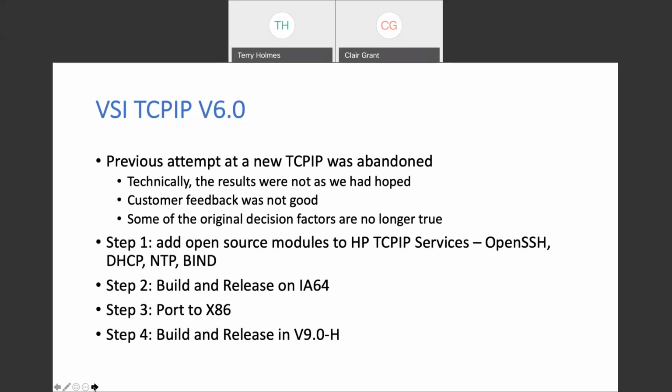So we started over again, pretty much. So we've taken some open source components, as you can see I've listed here, built and released them on x86, ported that to x86, and build and release in the H release in the middle of April. And given where we are right now, that April of minimum function, but being able to replace what is there now, looks fairly good. And we're pretty excited about that.